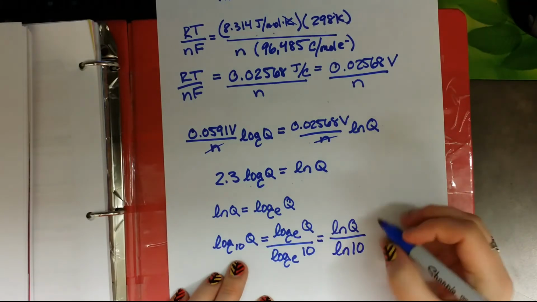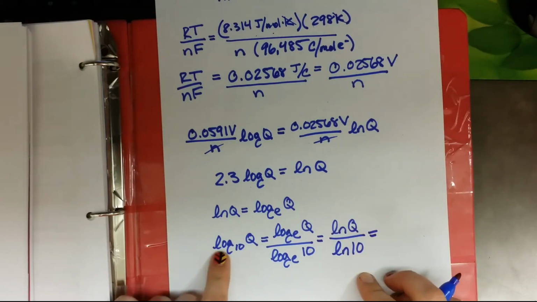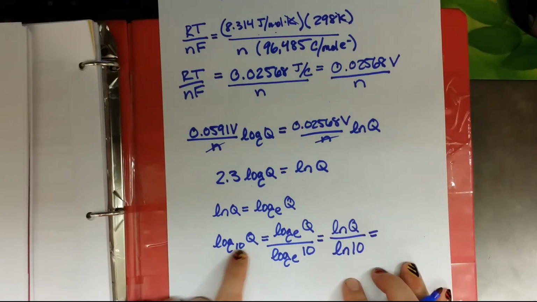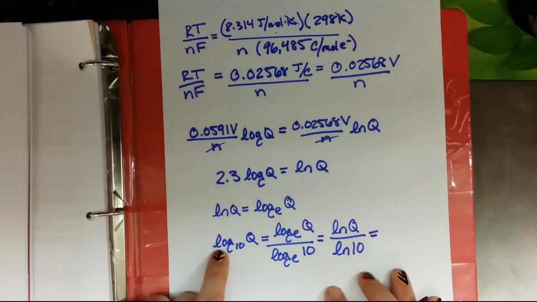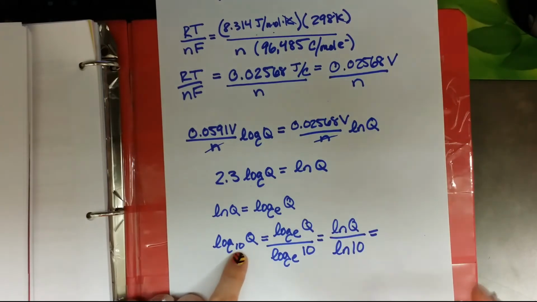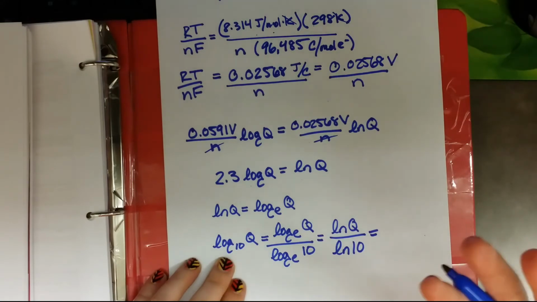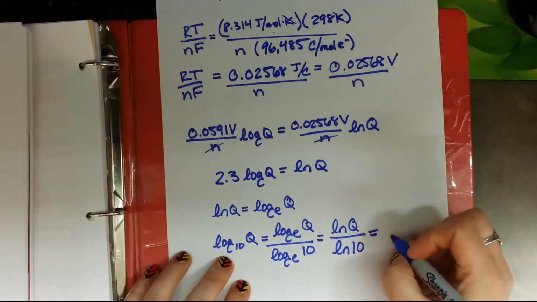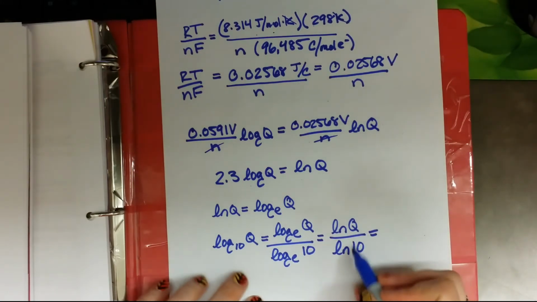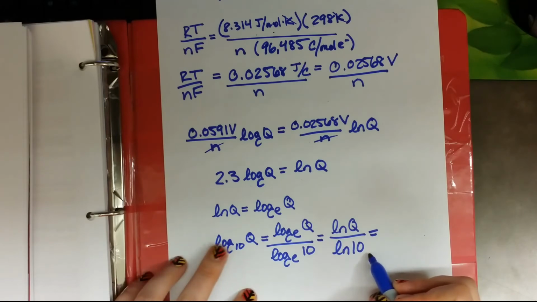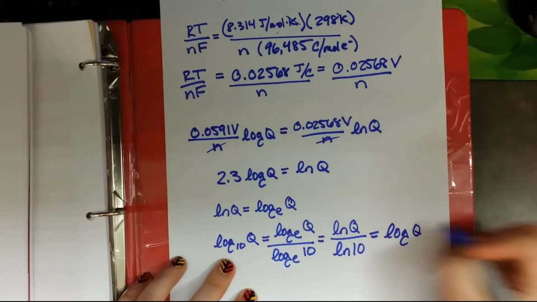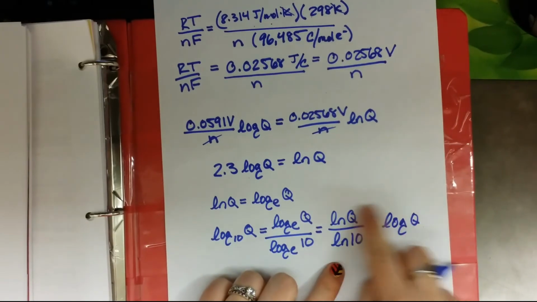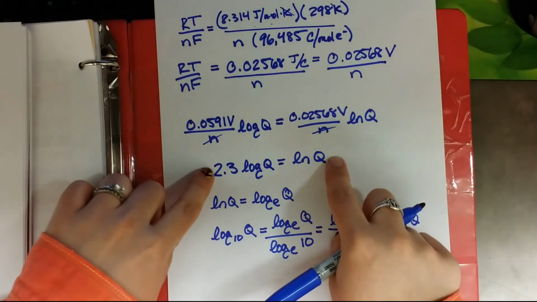And then normally we don't include this base here, and normally log is considered to be with a base of 10. So there's no point in including that value as long as we are establishing that log will normally have a base of 10. So ln of Q over ln of 10 is equal to log of Q. Okay?